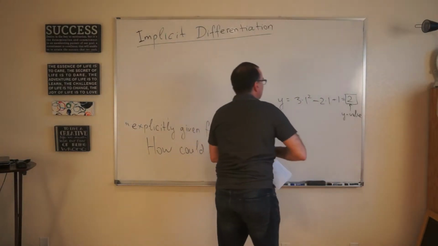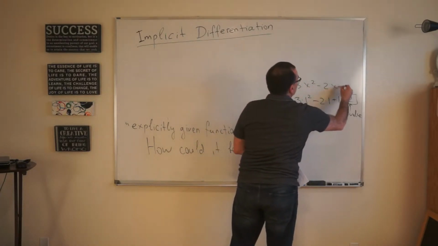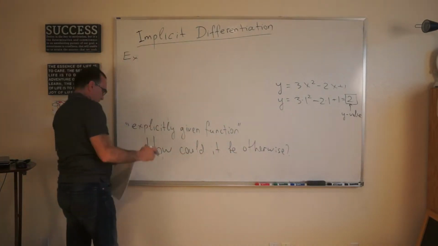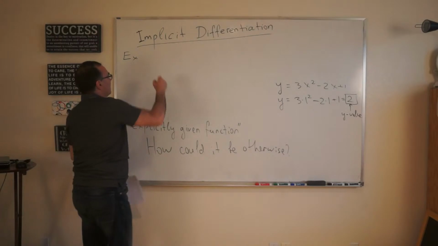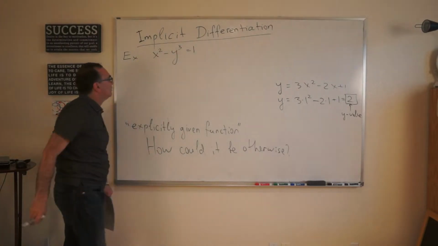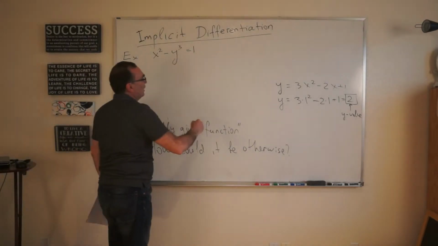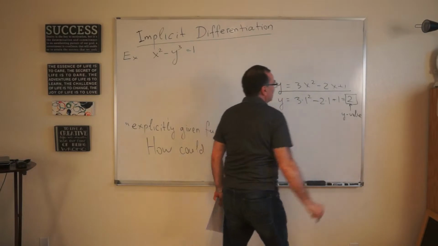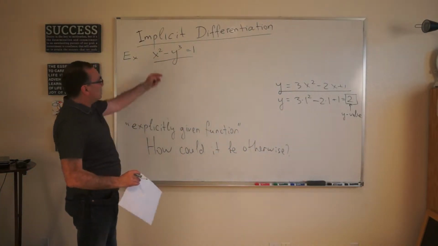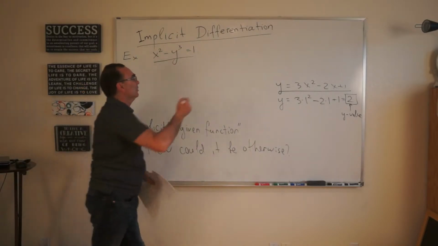So this original function was y equals 3x squared minus 2x plus 1. Here's another example: x squared minus y cubed equals 1. So what is that? It's also an equation involving x and y. Compare it with this one. This is also an equation involving x and y, and this equation also defines y as a function of x.